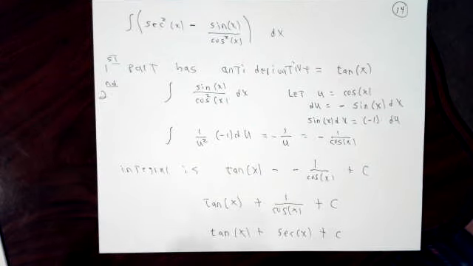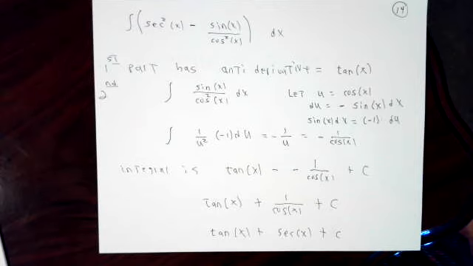So the integral that I started off with is tangent of x minus 1 over cosine x plus a constant. You can combine the minuses together, or if you think it looks nicer, you can say tangent x plus secant x plus a constant.